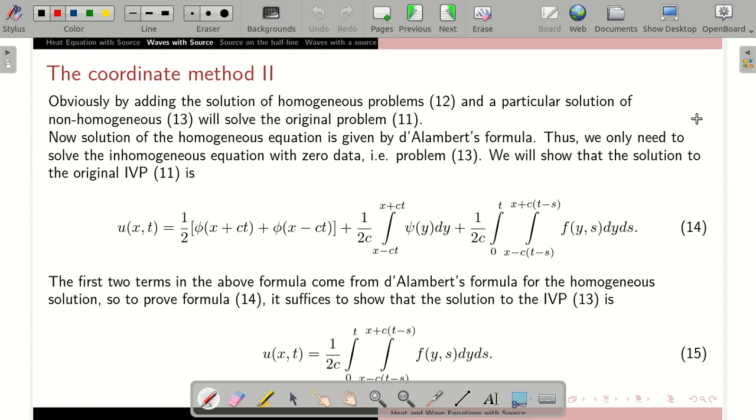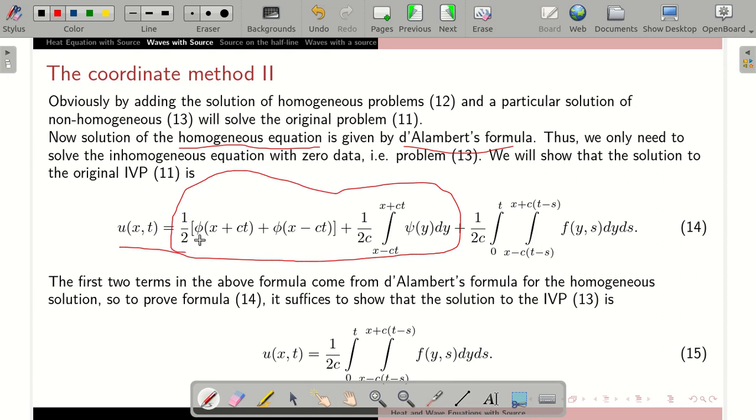To find the solution of the homogeneous equation, you solved that earlier using D'Alembert's formula. So the solution of the homogeneous one is this: 1 by 2 [phi(x plus ct) plus phi(x minus ct)], plus 1 by 2c integral from x minus ct to x plus ct of psi(y) dy.